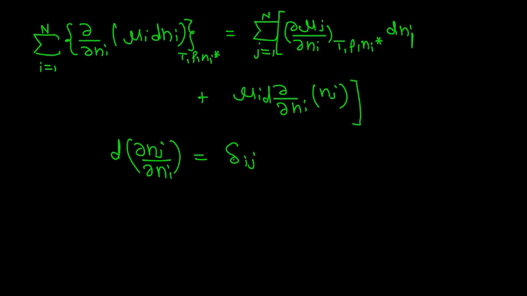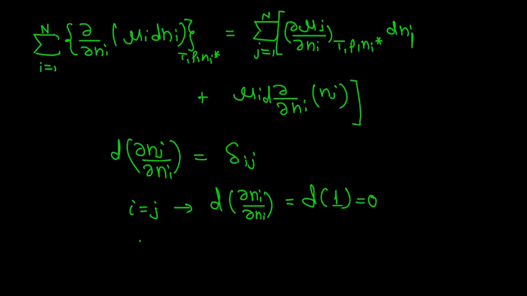So ni and nj are independent. Therefore, if you vary the number of moles of the ith component, the jth component is not going to vary. So when I is equal to j, I get a condition of d of del ni by del ni, which is equal to 1, and this is d of 1, which is equal to 0.